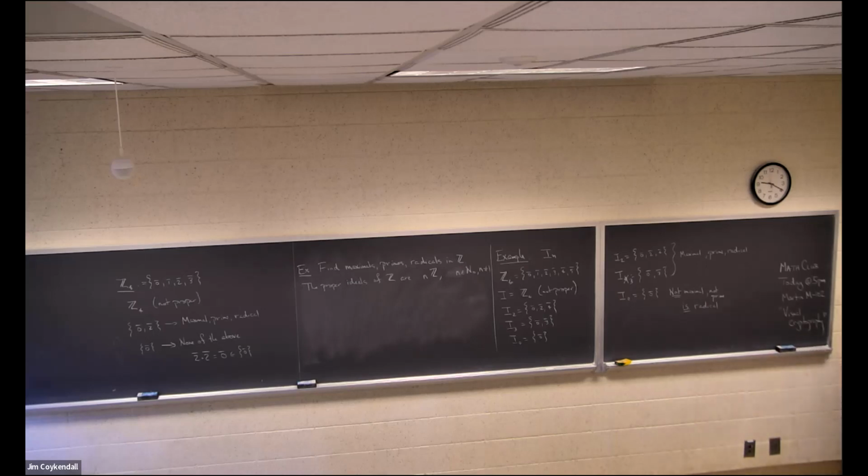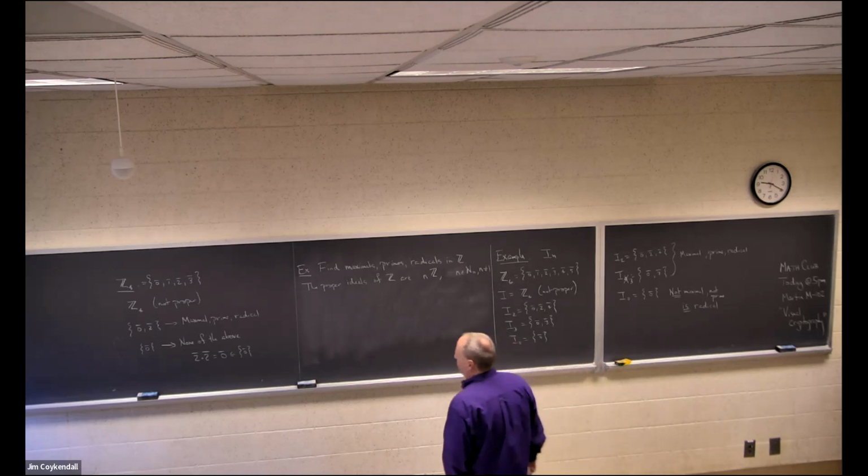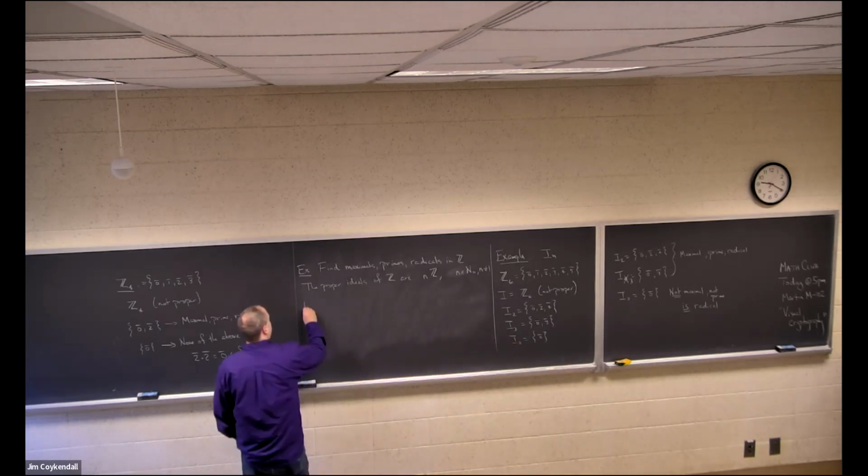So the multiples of 2, the multiples of 3, the multiples of 4, etc. Anybody want to guess what the maximal ideals look like?